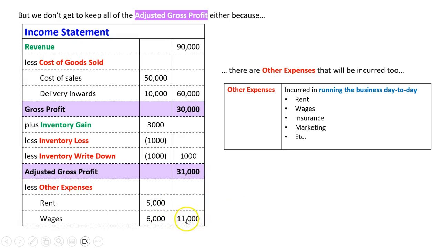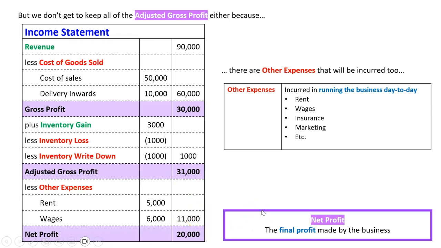And if we total that up, what we do now is take our adjusted gross profit of $31,000, take out our other expenses, and that will give us our net profit. And that is our final profit. So in the business world, net just kind of means final. Gross is a weird word to use, but in business you might see it a lot. You also might see it with your wages. Gross means before other things have been taken out. So gross profit is not final profit. Net profit is final profit, which in this case is $20,000.